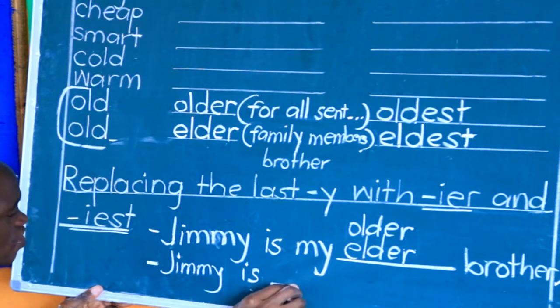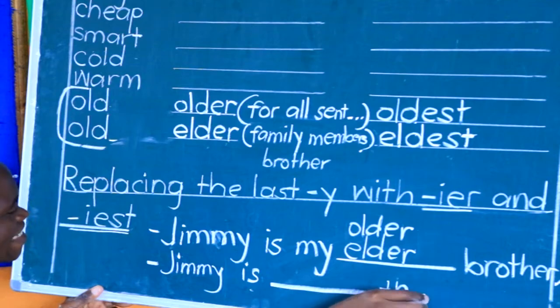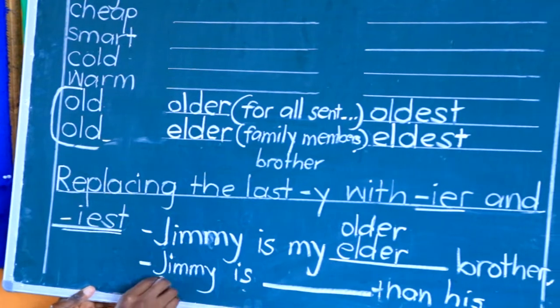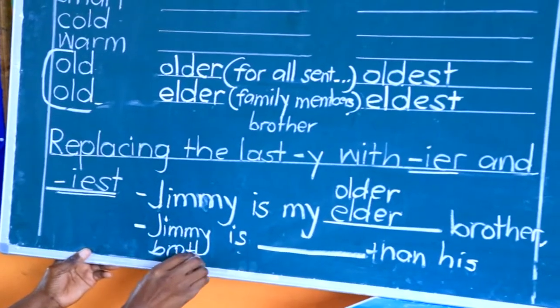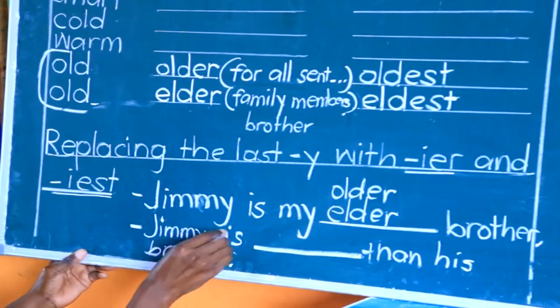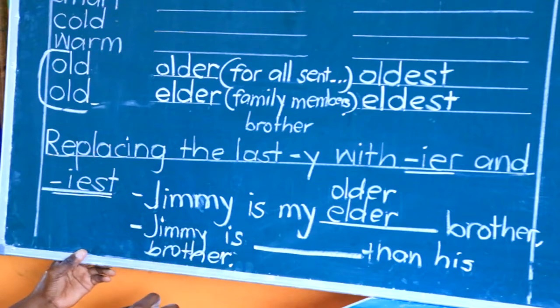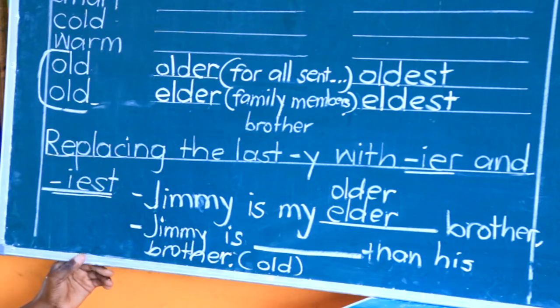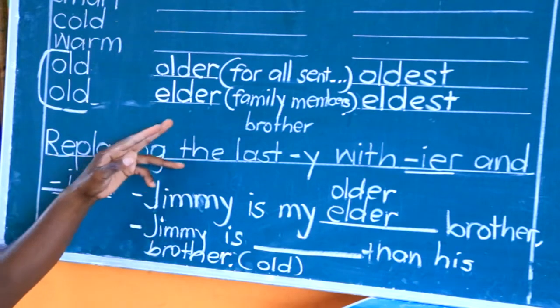is dash than his brother. I want you to listen to me very attentively. This part is very crucial. We have in brackets this word old, the adjective old. Jimmy is dash than his brother. We may think of what the teacher told us in the explanation.